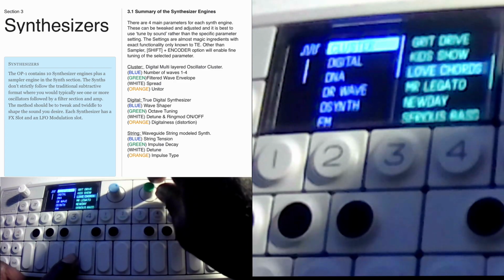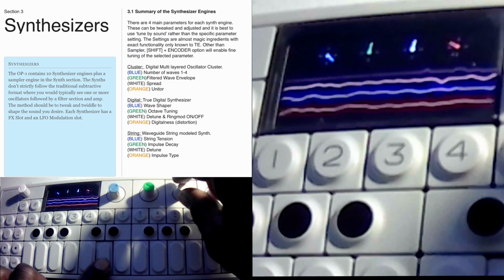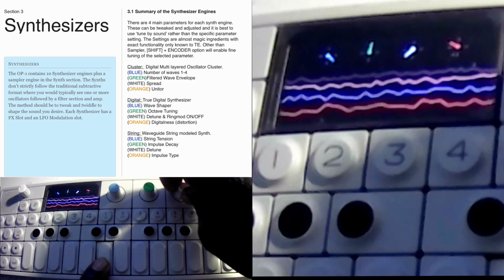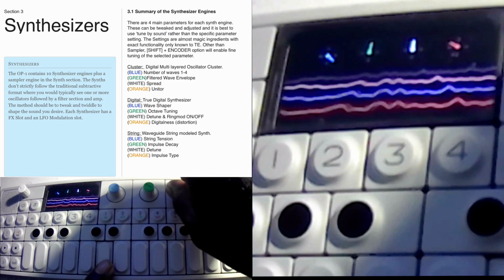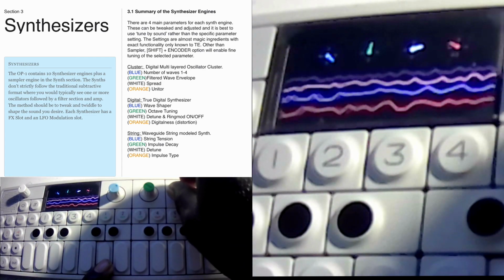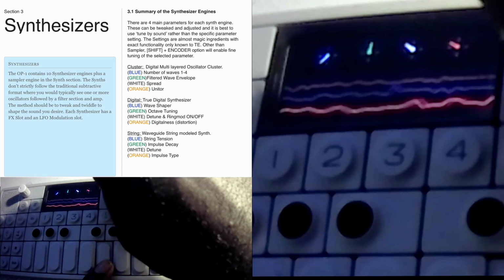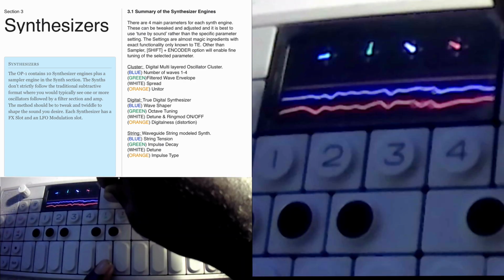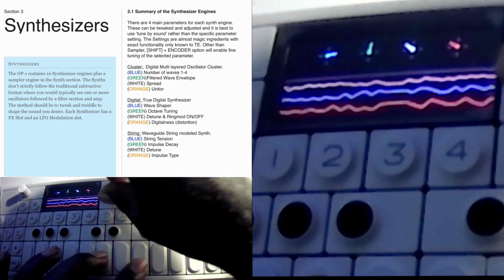Let's choose another preset in the cluster. Right, so that's spread fully open. That's spread closed, and that's spread halfway. It's almost like a kind of chorusing effect, isn't it? Let's reduce the waves to 1. That's 1 wave, that's 2, that's 3, that's fully open.